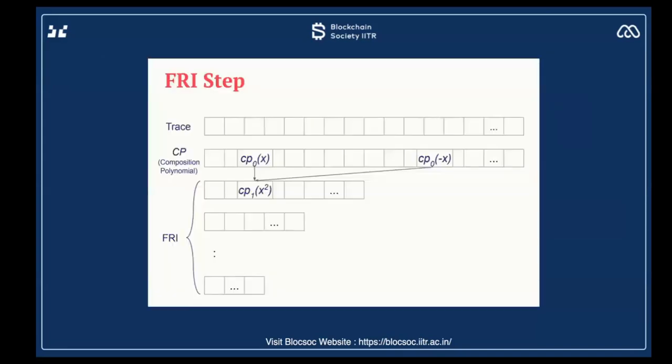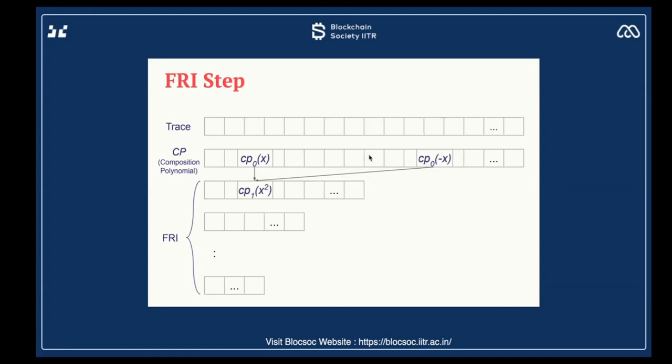So what will the verifier do? The verifier will generate a random number x and provide it to the prover. The prover will calculate three things, that is CP0(x), which is also f0(x), CP0(-x), and CP1(x squared), and the prover will provide these three values to the verifier.